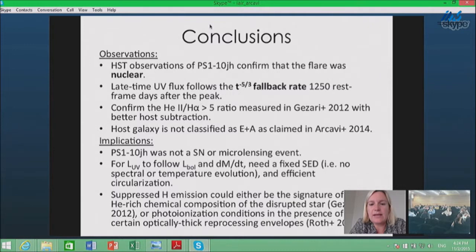Based on the decline that you see in the UV, you wouldn't expect to detect any significant emission in HST.